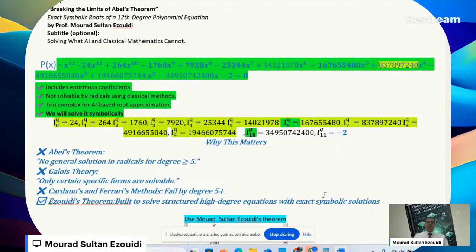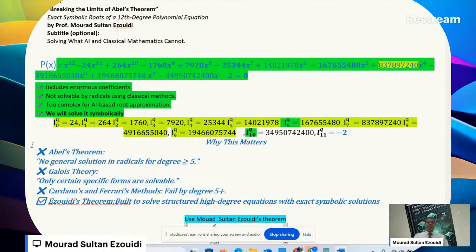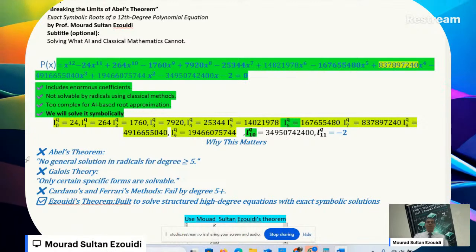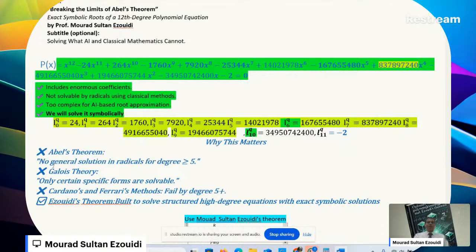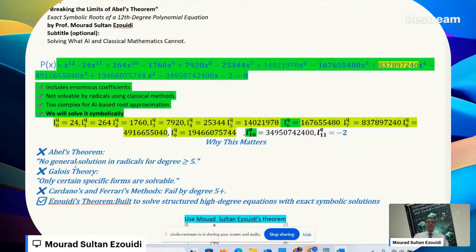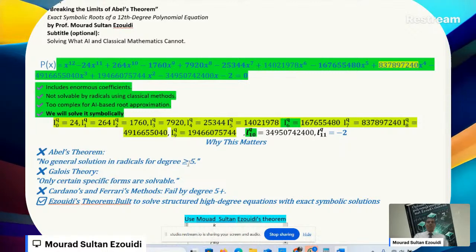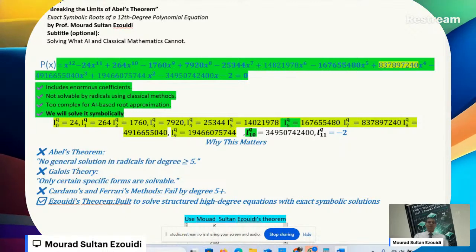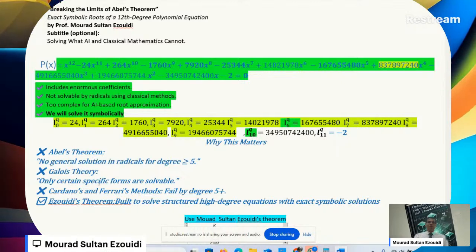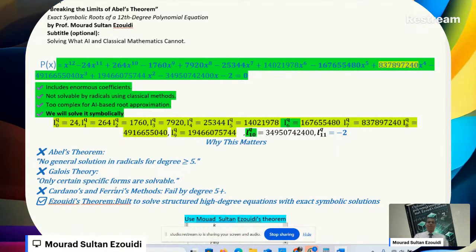Why does this matter? Abel's theorem says there is no general solution in radicals for degree 5 or more. For Galois theory, only certain specific forms are solvable.